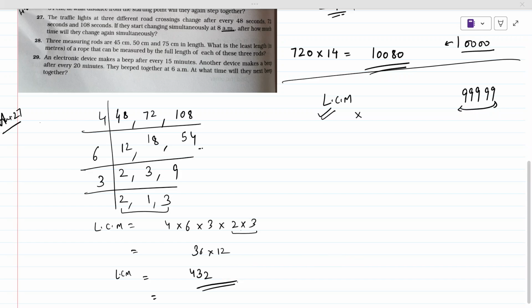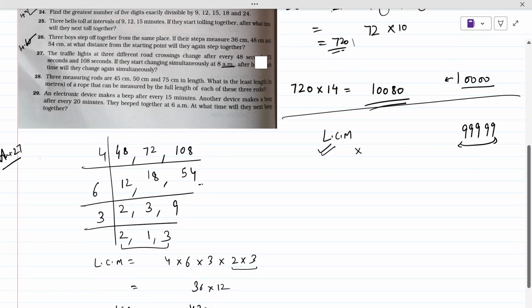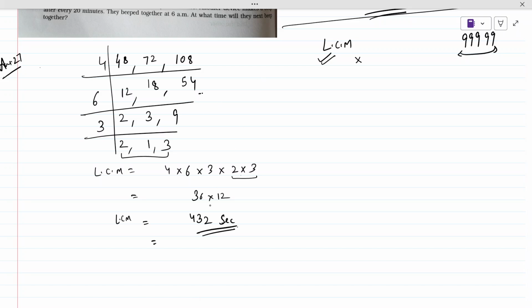So kids, it is given to us in seconds. It's not in minutes. Yeah, this is given to us in seconds. So this is 432 seconds. Now let us convert this 432 seconds to minutes, right? So 432 seconds will be equal to what? Let's divide this by 60, right?